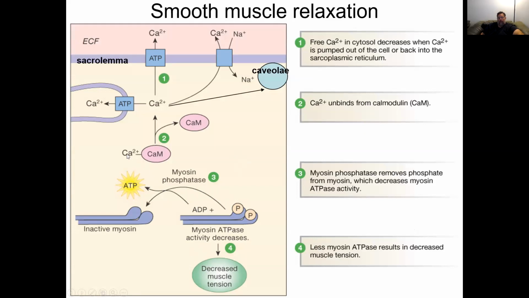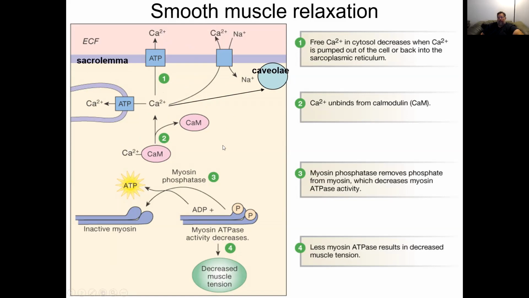The calmodulin releases its calcium, becomes calmodulin by itself, and then that free calcium comes up and gets pumped back into the small sarcoplasmic reticulum of smooth muscles, or it goes into the caveolae, or it gets pumped out of the cell through the use of ATP, because out here the calcium would be at a higher concentration. So calcium gets pumped out, sodium gets pumped in.